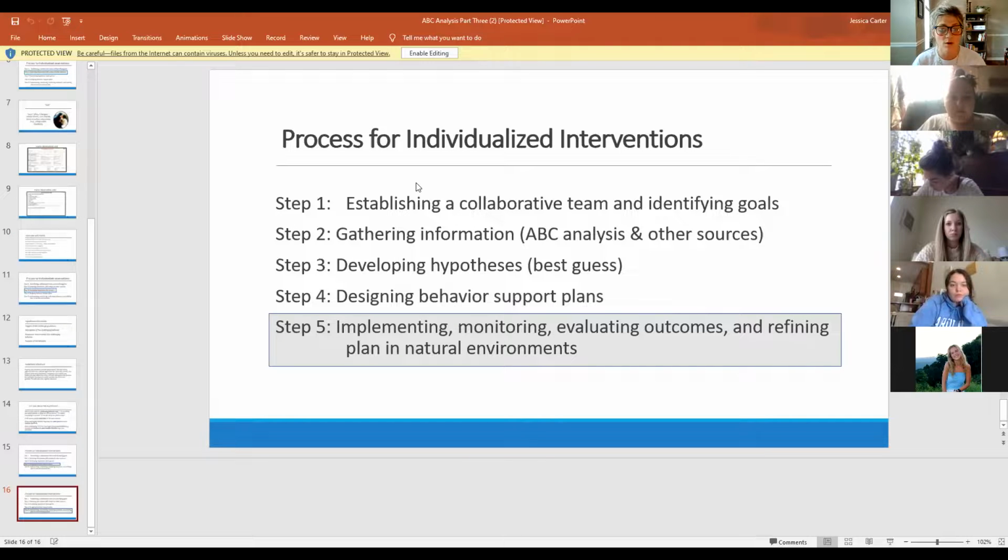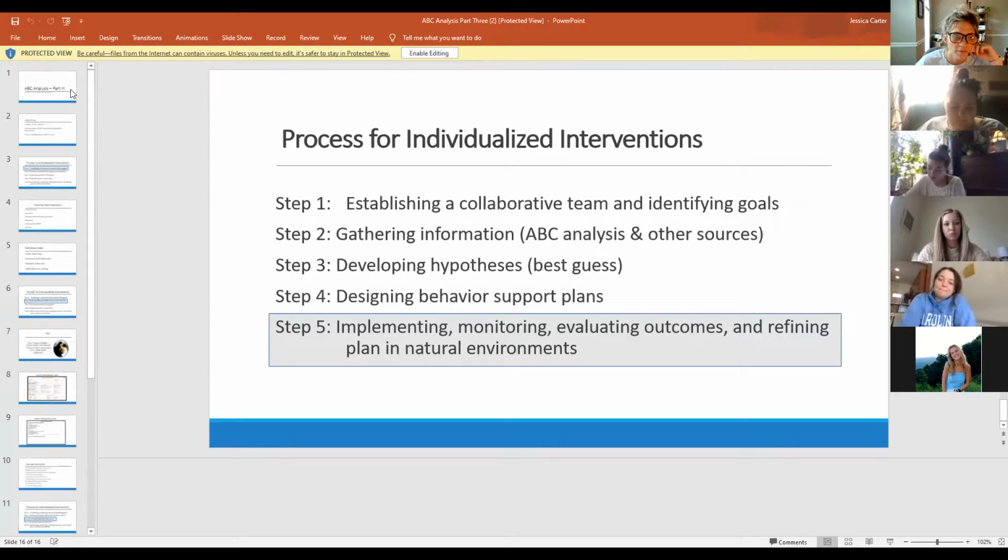Sometimes behaviors get worse before they get better. All of that comes from being on the same page with implementation and then collecting data. And then as we see things shifting, we have to go back in and refine our plan. Do we need to do more of this, maybe less of this, because this seems to be exacerbating the behavior, that type of thinking.